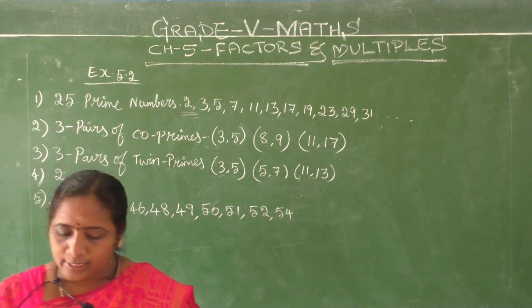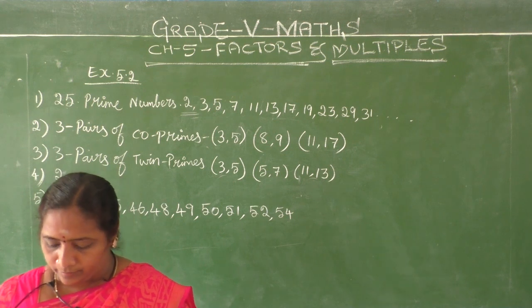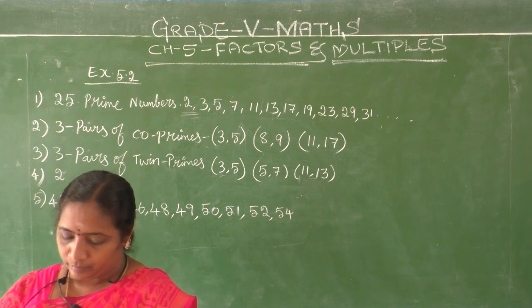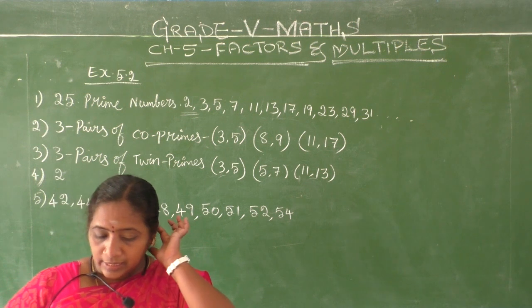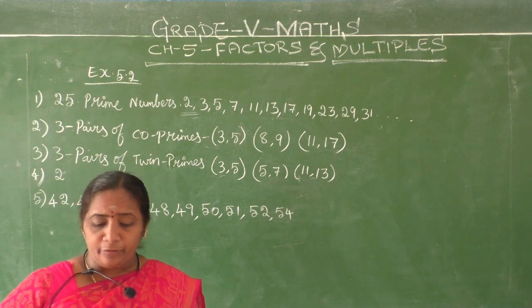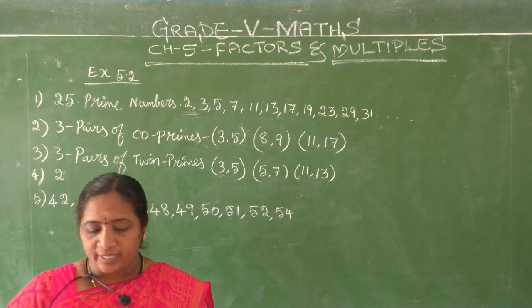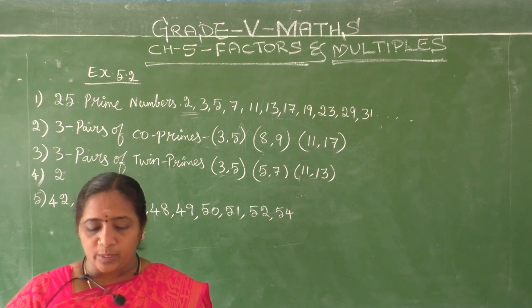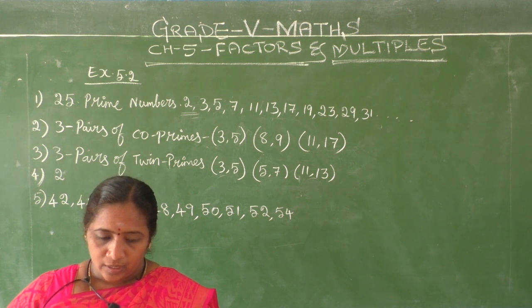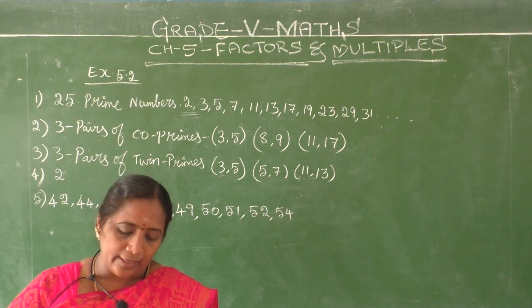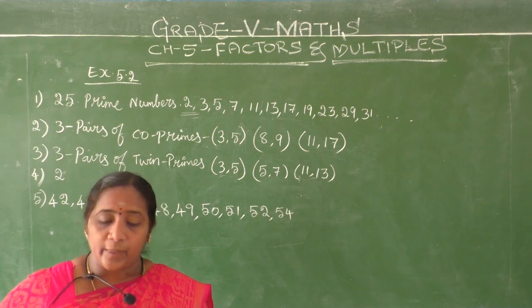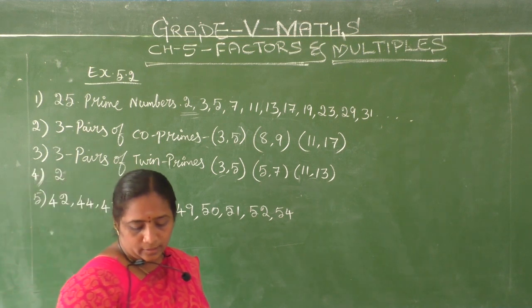Okay. Then next, the sixth one. Without actual division, determine whether the first number is divisible by the second number. These are divisibility sums only. Just now I explained the divisibility rules, no?